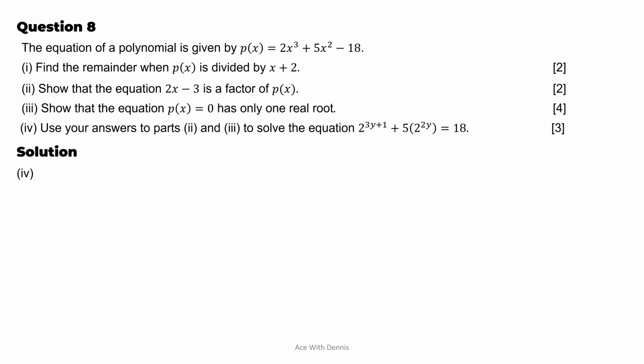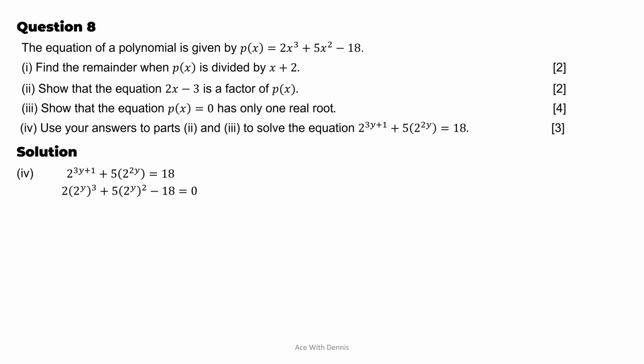Now, here's the solution for part 4. From the equation given, 2 to the power of 3y plus 1, plus 5 times 2 to the power of 2y equals 18. We can rearrange this equation to get 2 times (2 to the power of y) cubed plus 5 times (2 to the power of y) squared minus 18 equals 0.